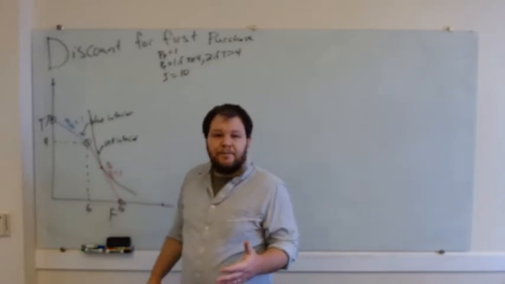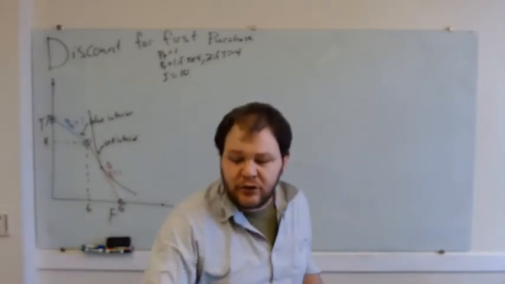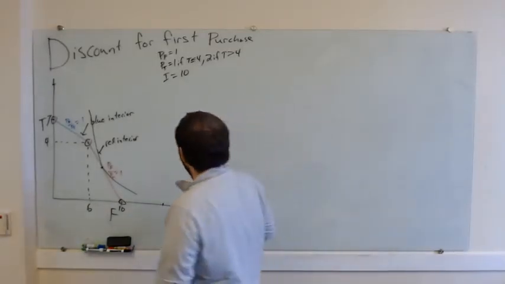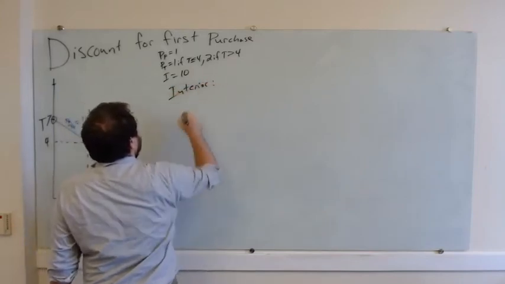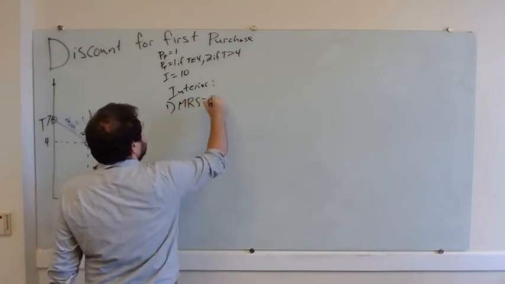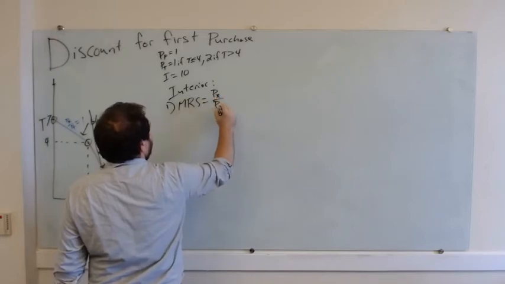So what do we need mathematically in order to have an interior solution? Well, we just need 2 things. We need our MRS to equal our price ratio, and we need to be on our budget constraint.